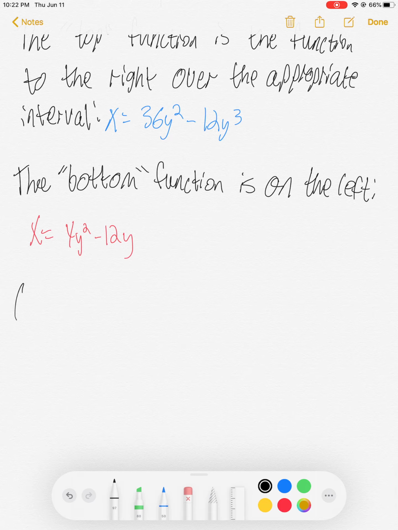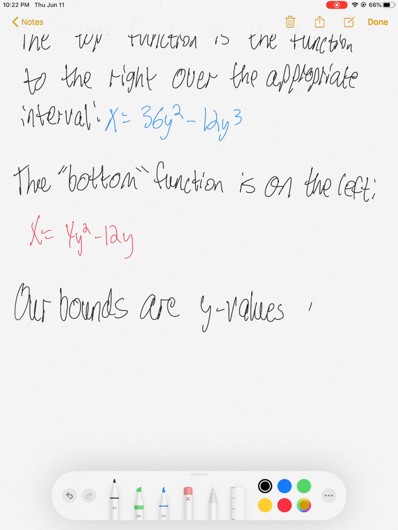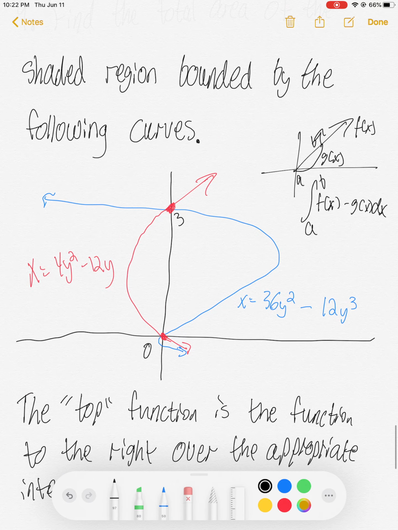And so, whenever we're looking at this picture in the right-hand corner here of how we do things whenever we have y written as functions of x, the bounds are determined by the x values, right? Like this a and b represent x values.